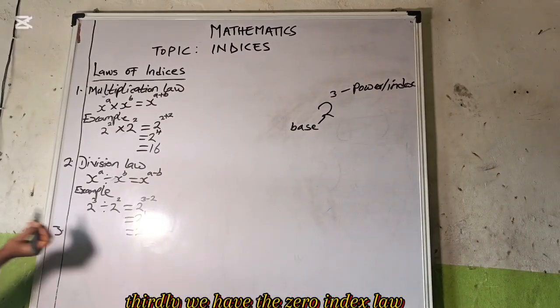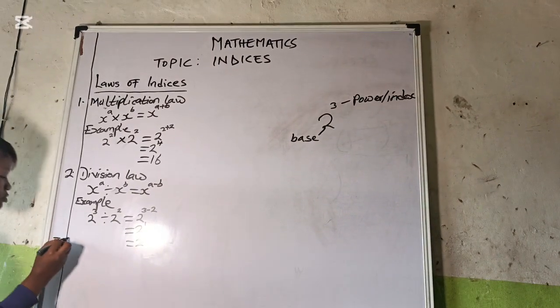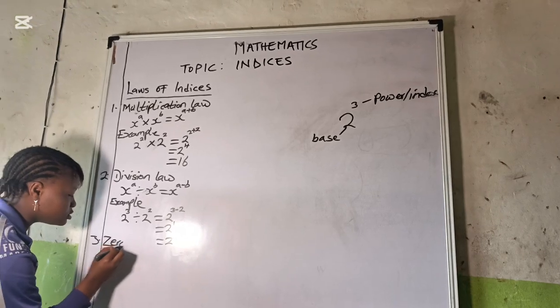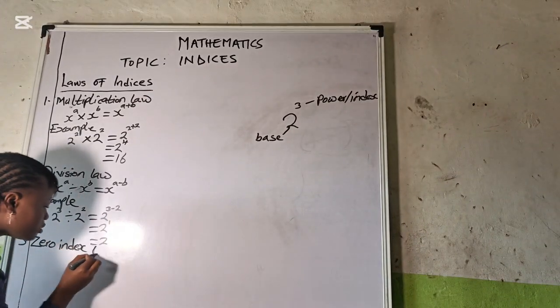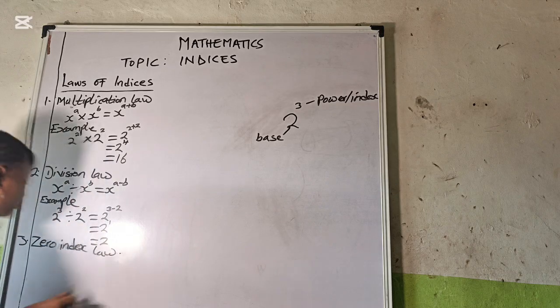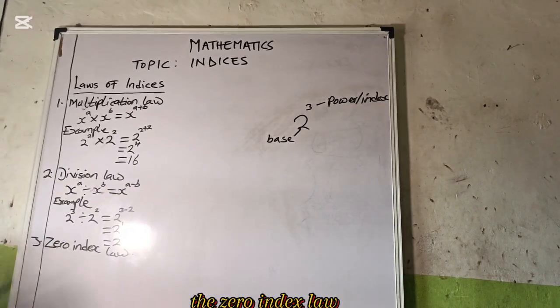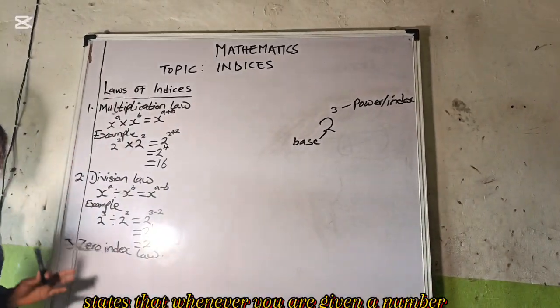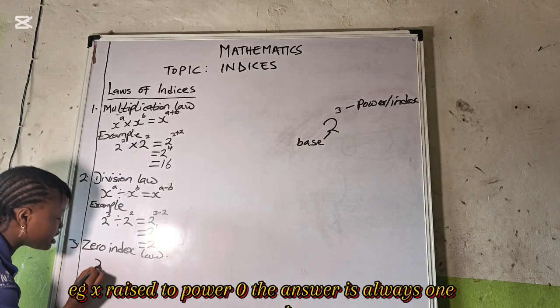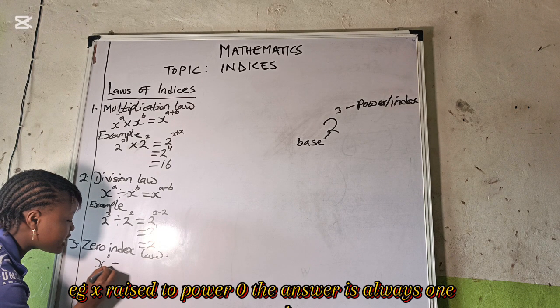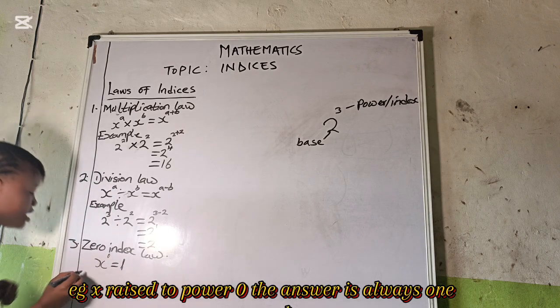Thirdly, we have the zero index law. The zero index law says that whenever you are given a number and the number is raised to power 0, e.g. x raised to power 0, the answer is always 1.